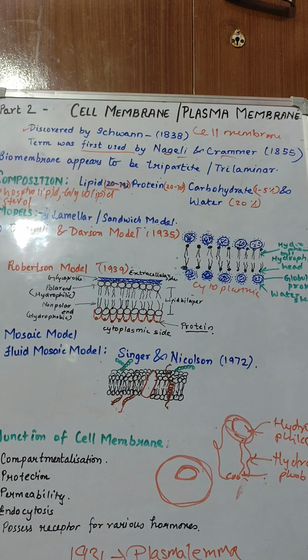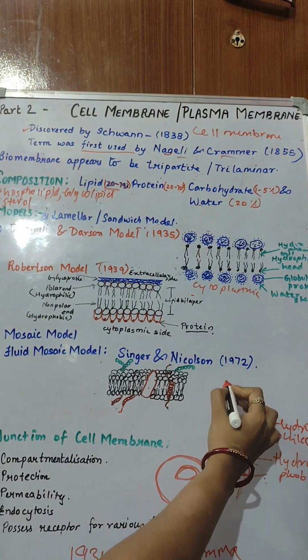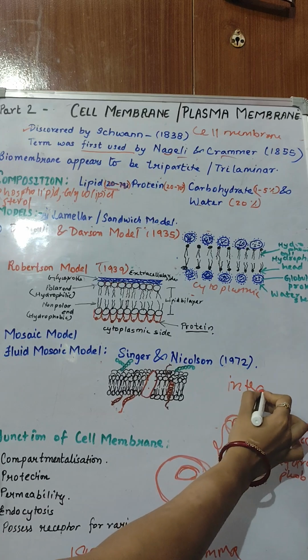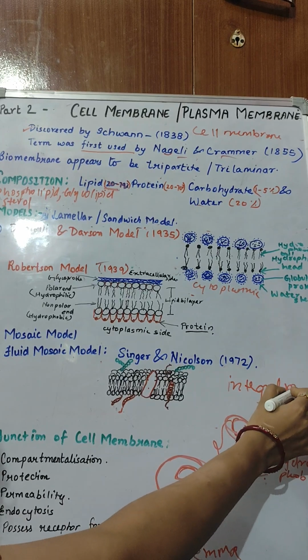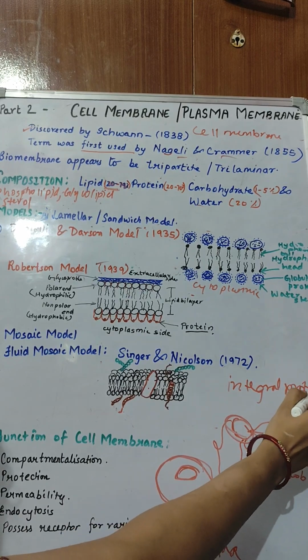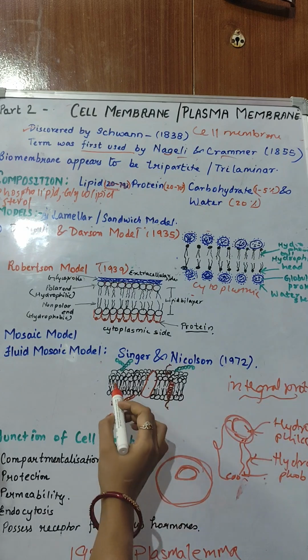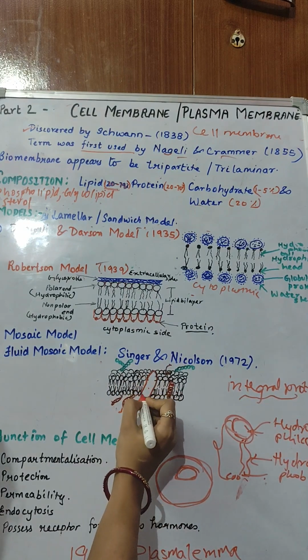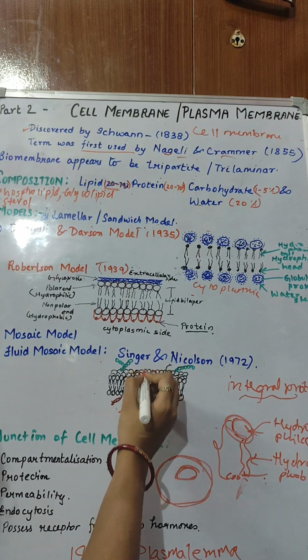Then protein. Proteins are also classified on the basis of structure and function. On the basis of structure, proteins are of two types. Integral protein: those proteins present in the membrane, spanning the membrane, present between the membrane and crossing it.